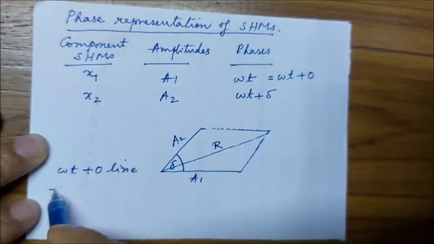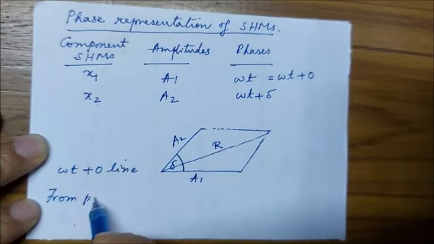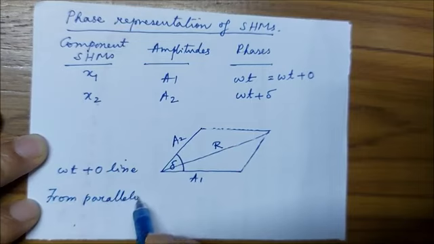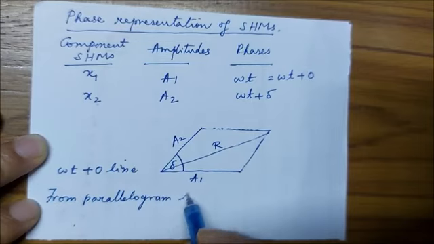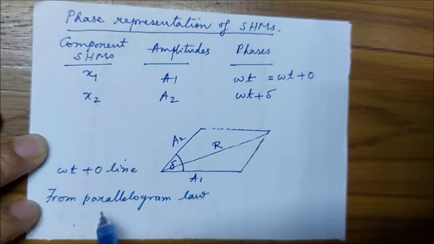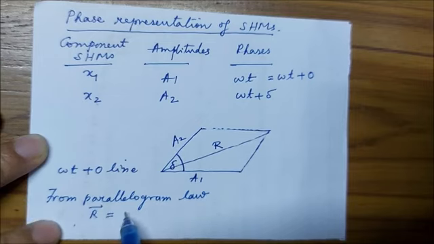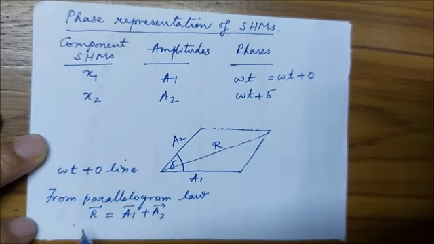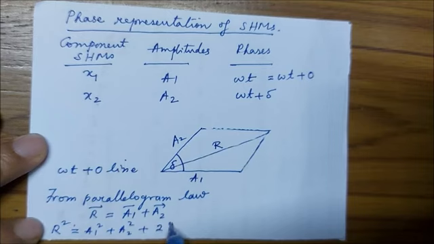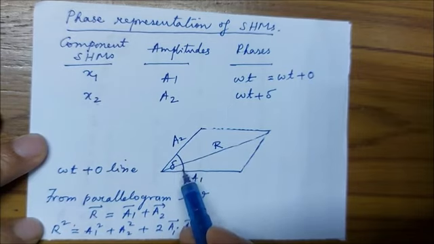Now from parallelogram law of vector addition, which gives us R squared to be A1 square plus A2 square plus twice vector A1 dot vector A2, and the angle between A1 and A2 is delta.